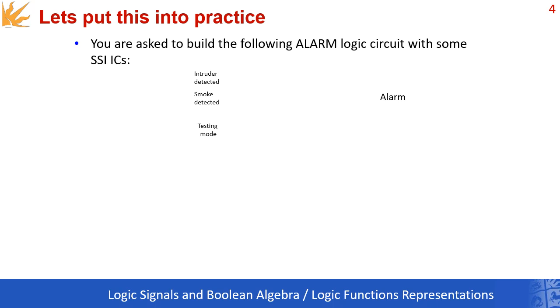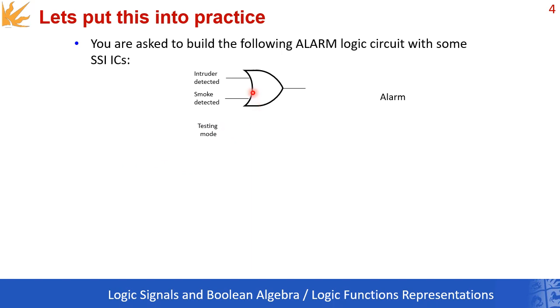Suppose that you are asked to build the following alarm logic circuit with some SSI integrated circuits. As you can see already in the slide, we have 3 different inputs. A logical input for an intruder that is being detected, another logical input that is mapped to a smoke detection, and then you have a testing mode in case you're testing your alarm system.